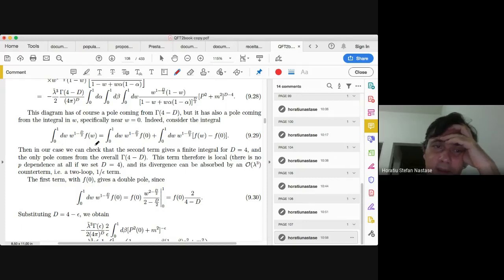So I guess I'm just calculating this near w equal to 0. And then the result is w going to 0 to the power minus epsilon, or e to the power epsilon log w.